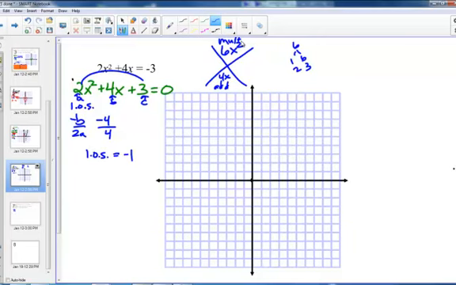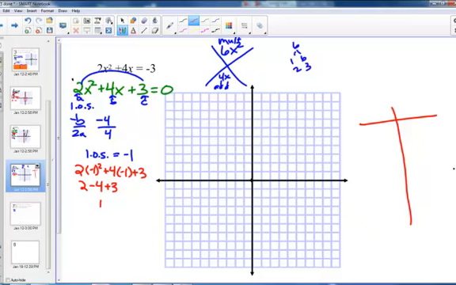Now you plug -1 in to see what that actually gives you. So 2 times -1 squared plus 4 times -1 plus 3. So 2 minus 4 plus 3. So that gives you 1. So our vertex is at -1, 1. So we can go ahead and plot that.